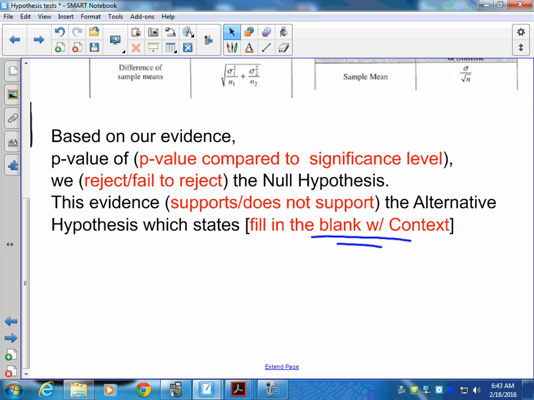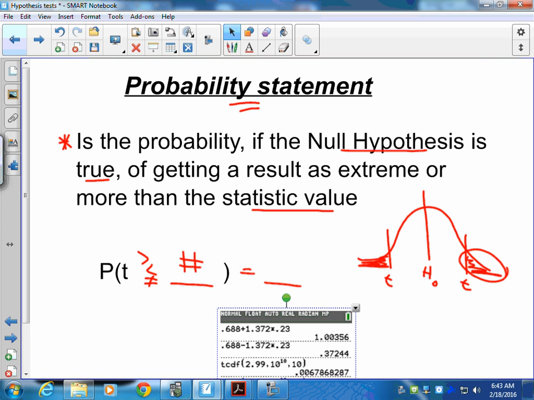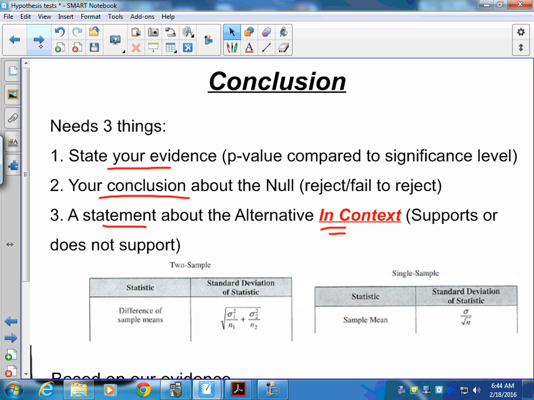Now, when we look at the situation, you're trying to get maximum credit in an FRQ problem. Let's say worst case scenario, you're struggling with calculations and the probability statement. What you want to do in that situation to help you get full credit is make up a number, make up a probability so you can write a conclusion.